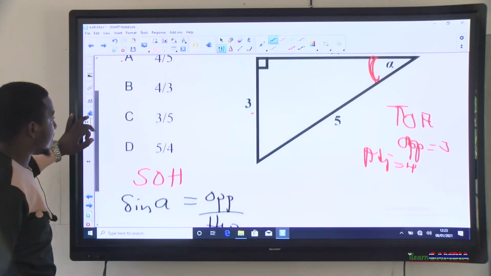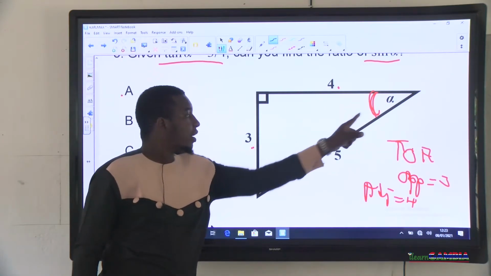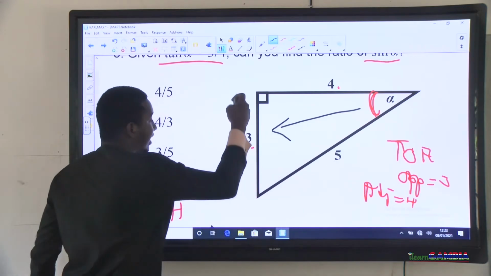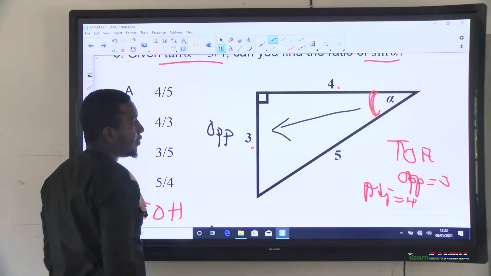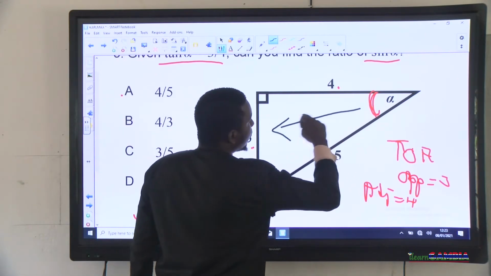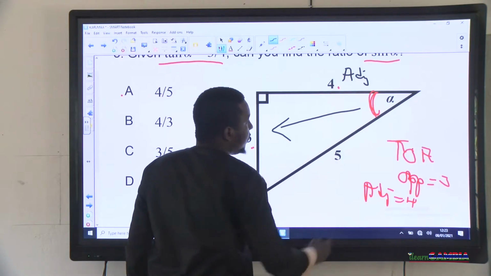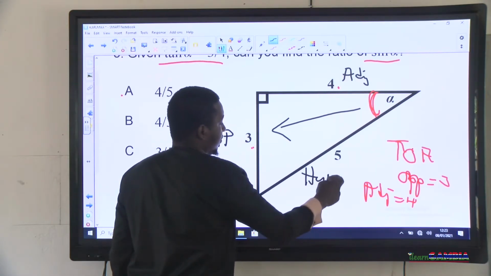Now let's go back and see. Our reference angle is angle A. The side that is opposite to angle A will be our opposite, and the side that is adjacent to angle A will be the adjacent. And the other side will be the hypotenuse.